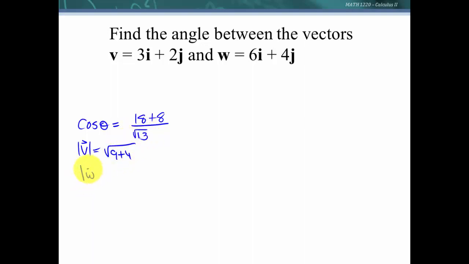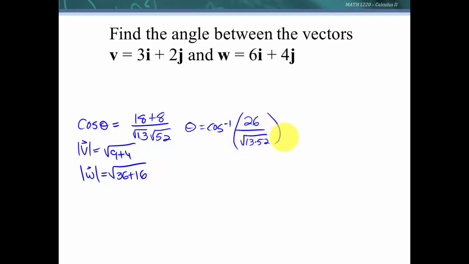Then we need the magnitude of W, which is the square root of 6 squared plus 4 squared, so the square root of 52. Now when we do the inverse cosine of 26 over the square root of 13 times 52, we get 0.